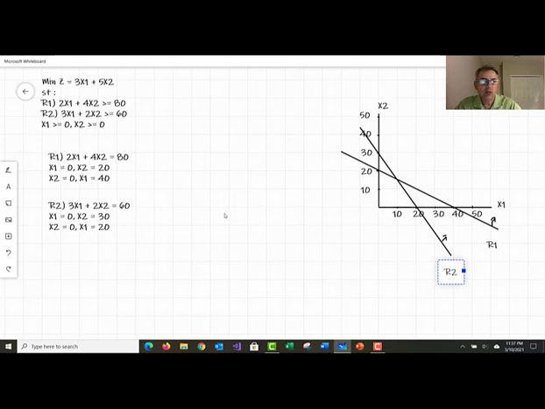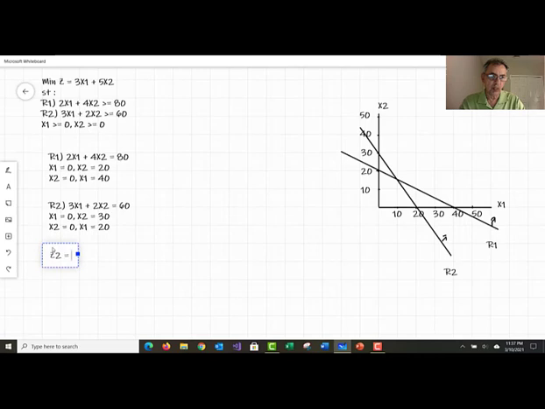So I want to now draw the line associated with the objective function. In order to do that, we have to select an arbitrary value for z and then substitute it into the equation of the objective function, and then identify 2 points and connect the 2 points.